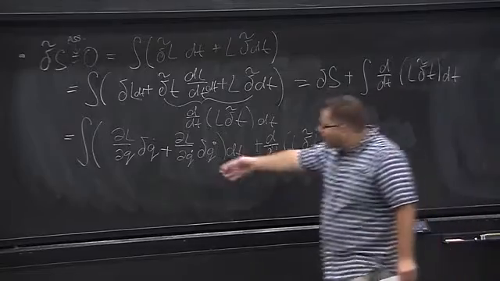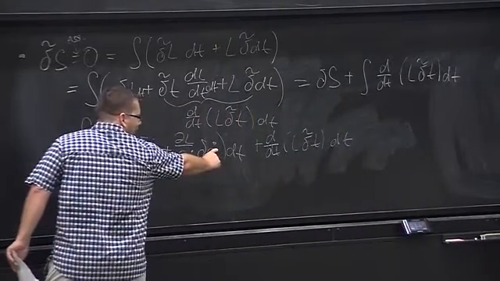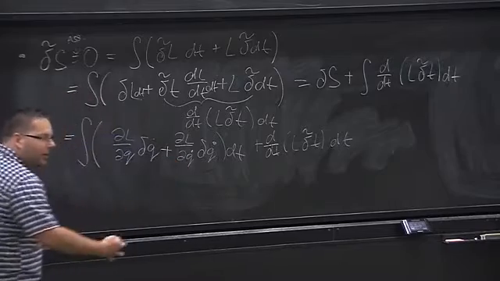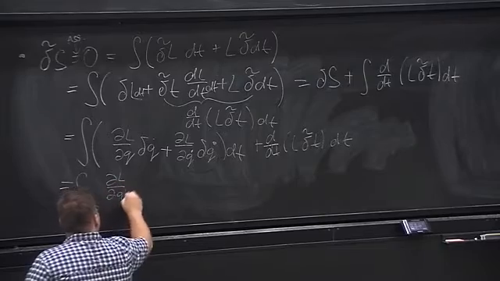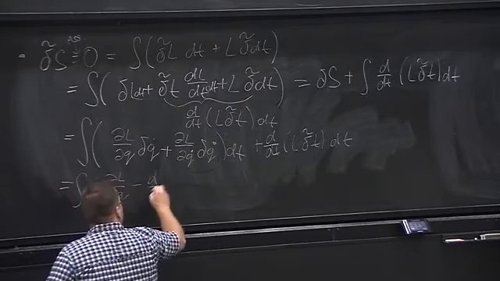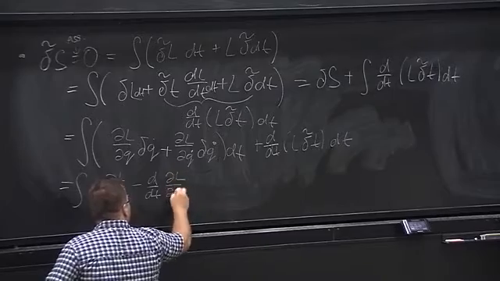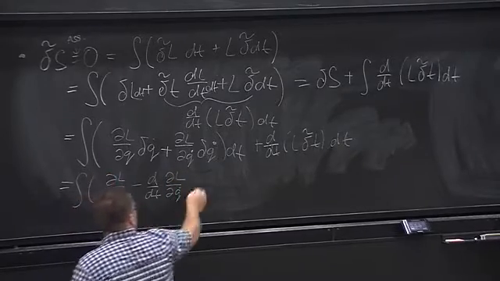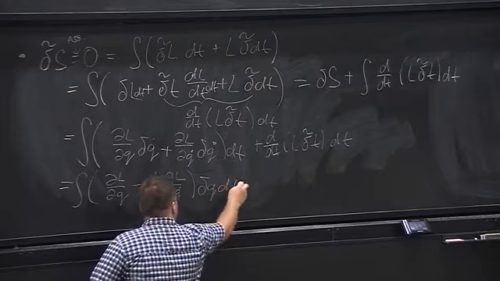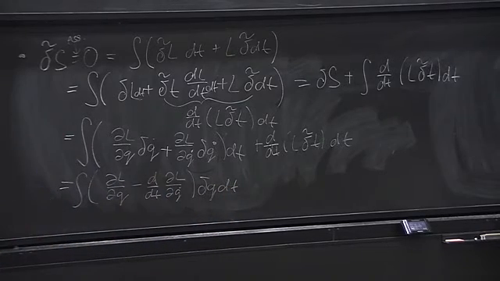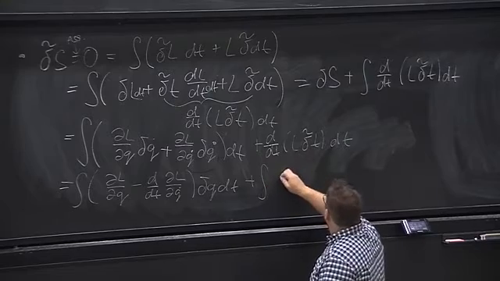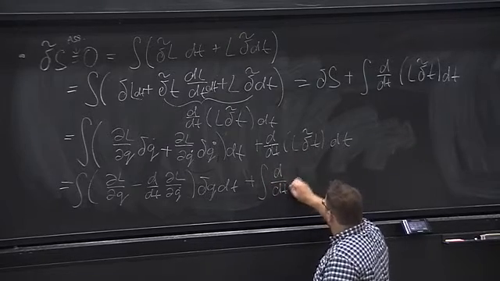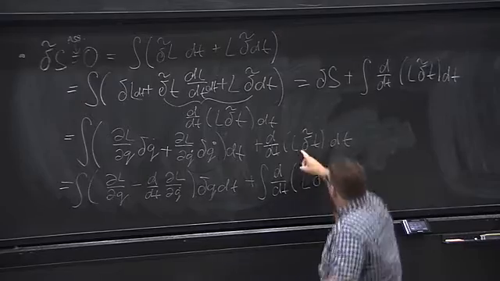Now you integrate by parts as you did for the equations of motion, shifting the derivative from here to this term, picking up the boundary term. So this is dL over dq minus d over dt of dL over dq dot, delta q dt as before. And then picking up the boundary terms, I have an integral of d over dt of L delta tilde t, this term.